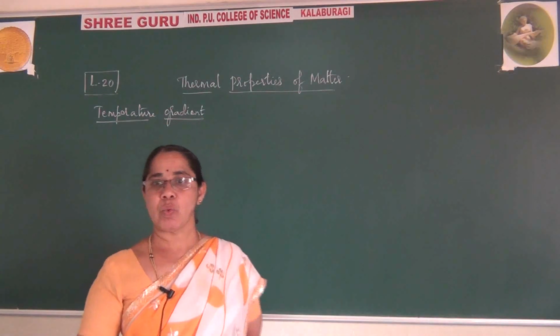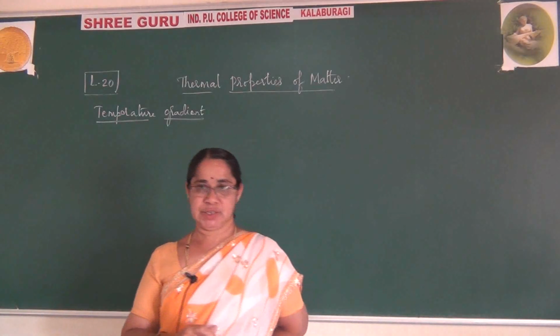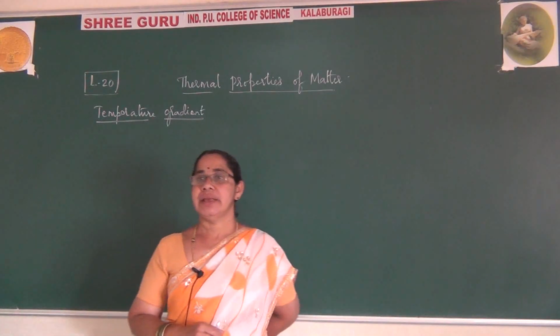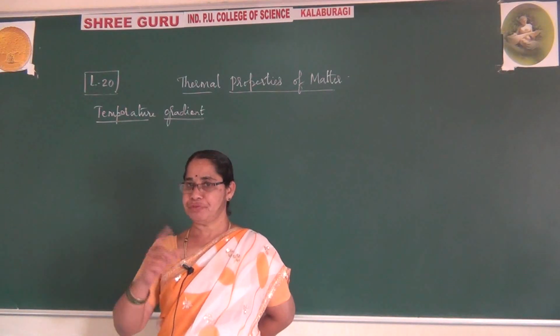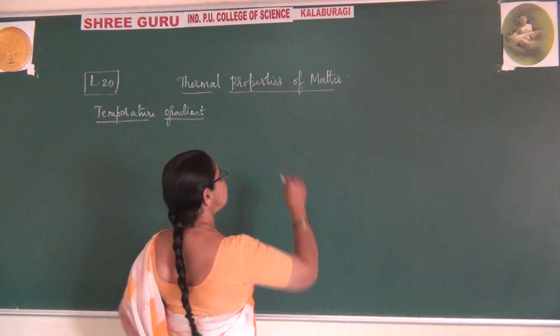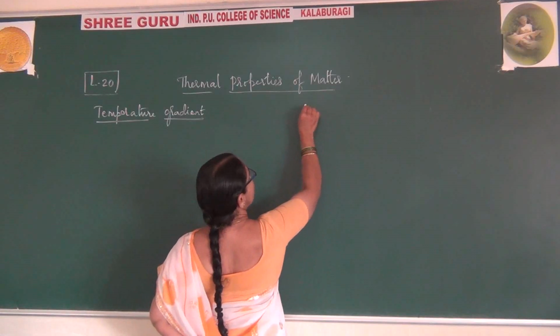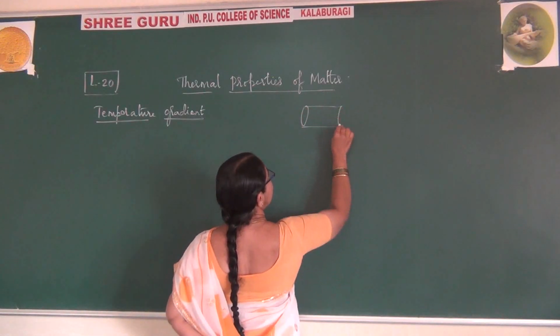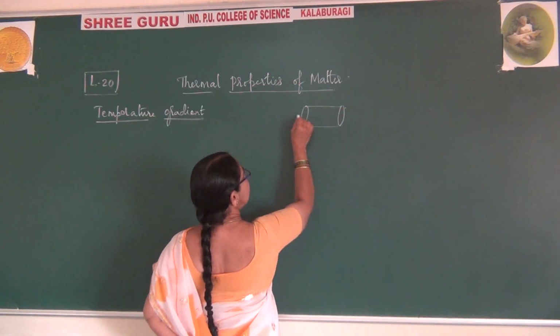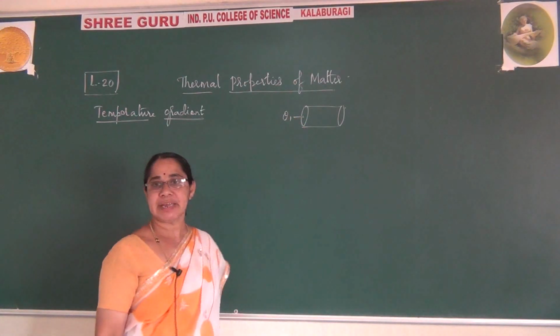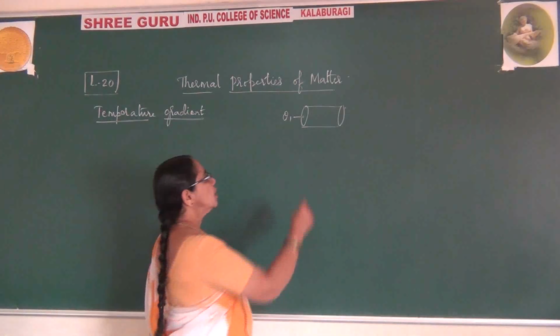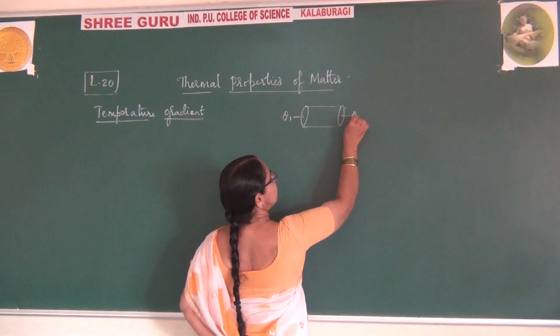Let us take one substance, that is nothing but a block. It has two faces. Let me say the first face is at temperature theta 1, and here the temperature is theta 2.